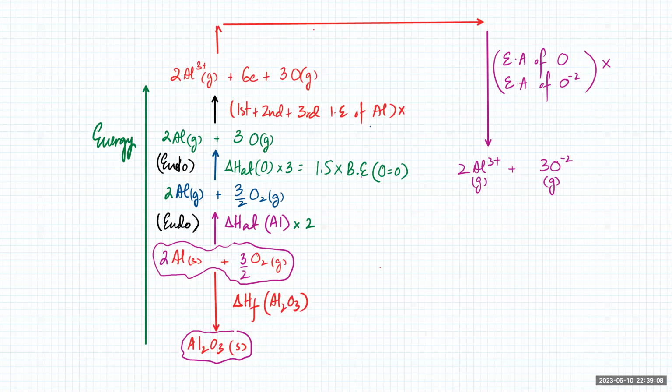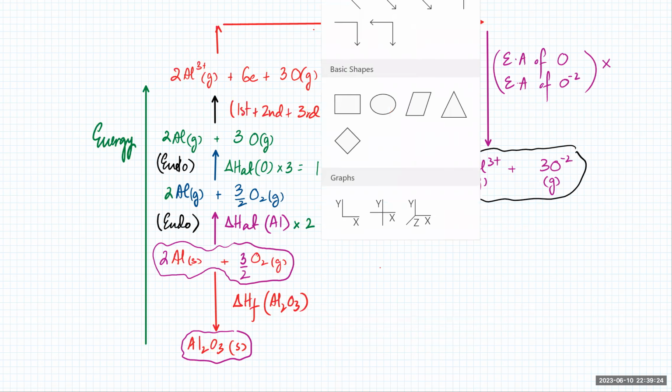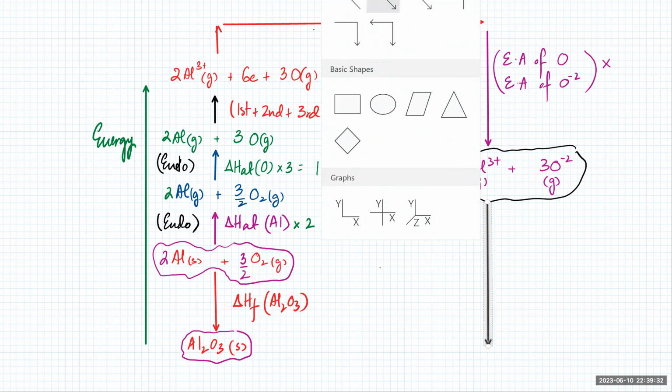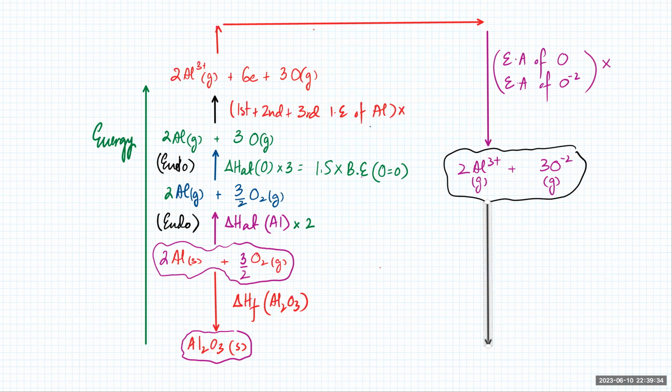So finally, I'm at this point. I'm at the gaseous ion point, right? Now, those gaseous ions can get together to form this ionic lattice, and that's basically lattice energy. So the final thing that we are going to do is complete the Hess cycle.